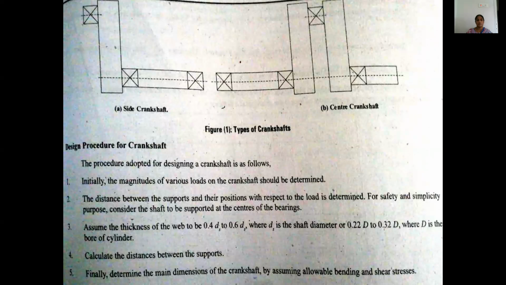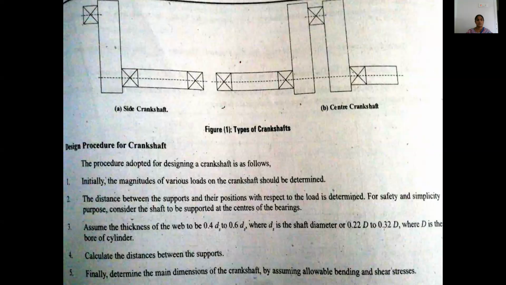Ensure the thickness of the disc to be 0.2 ds to 0.6 ds, where ds is the shaft diameter, or 0.22 D to 0.32 D, where D is the bore of the cylinder. Next, fourth, calculate the distances between the supports.